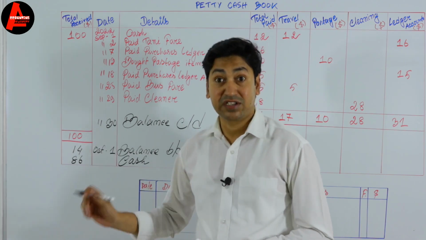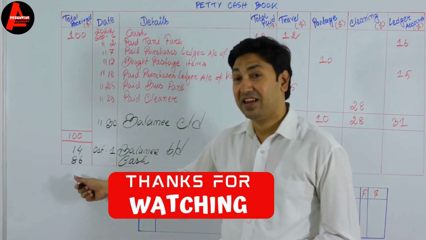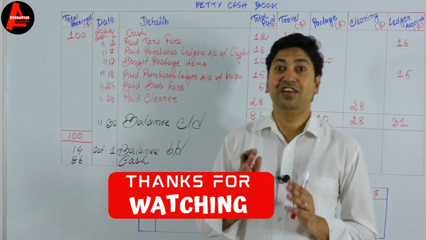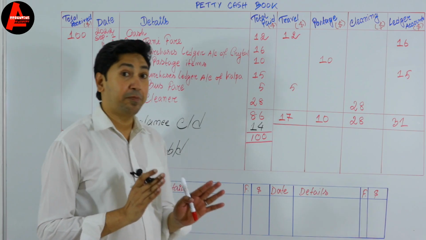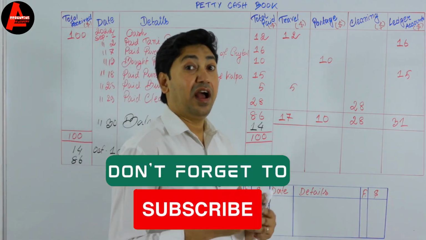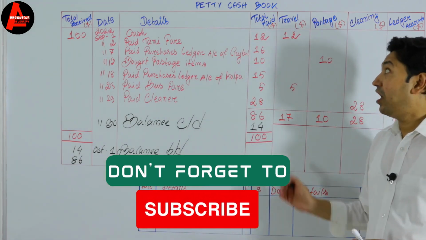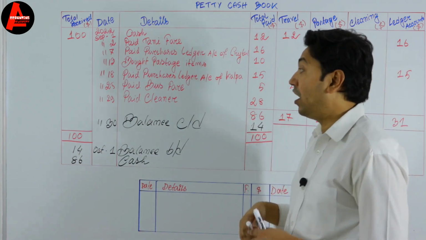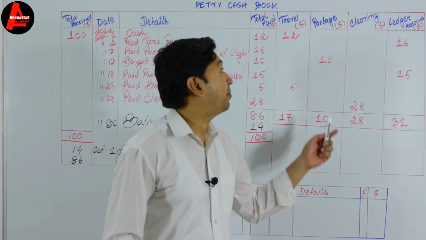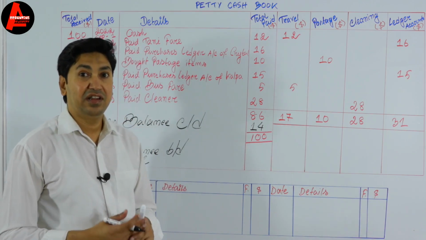So this was the question, that every month he restores $100. So now we have here $100. So this is how we need to prepare the petty cash book. Now for the second part, I will show you ledger posting here: after preparing the petty cash book, how to transfer the balance of the analysis columns to the respective ledgers.